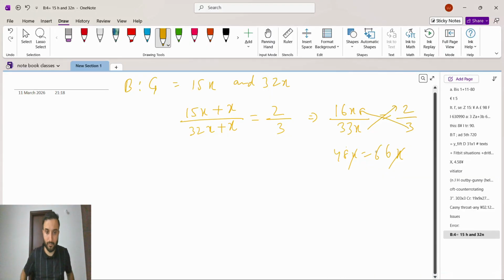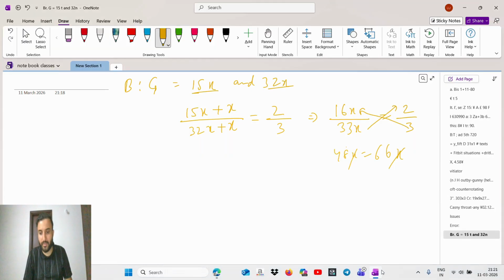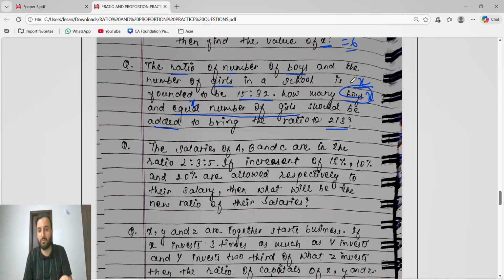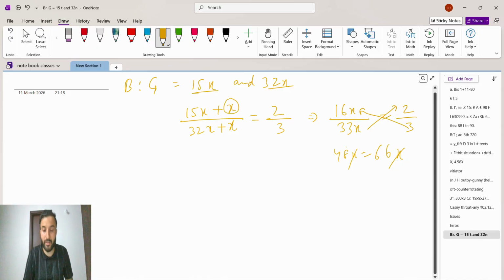Guys, now see, a very important thing. If we take the boys and girls as 15x and 32x, and they asked how many boys, so we take x boys only added and an equal number of girls, x girls, added.